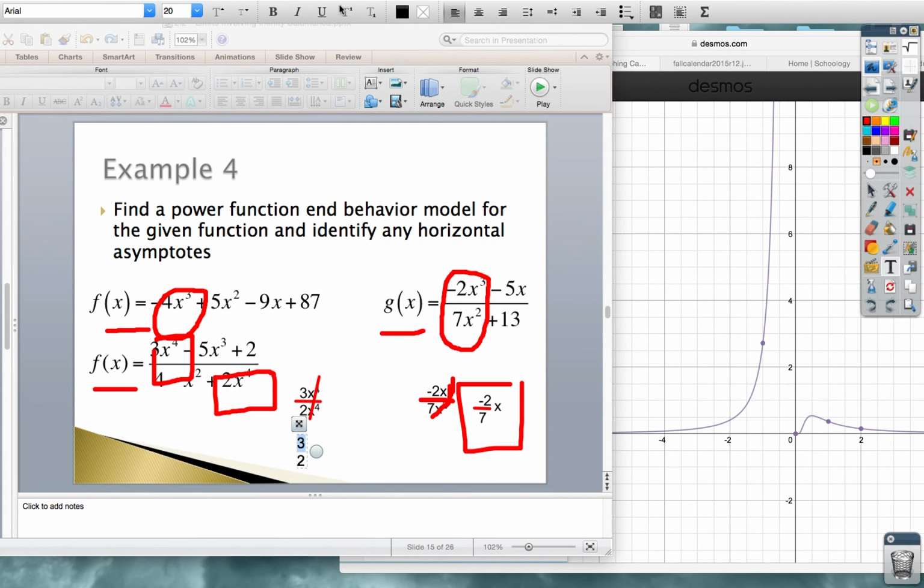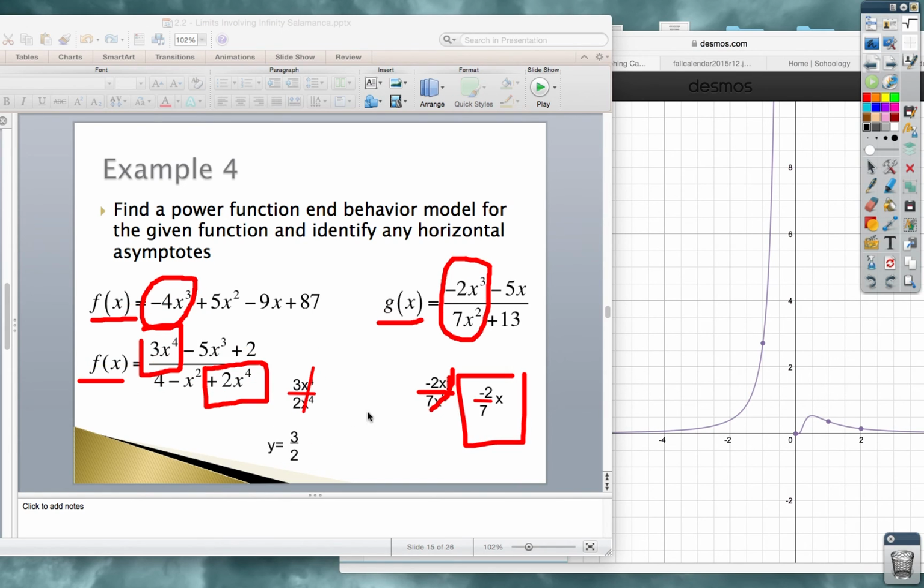Now, in this particular case, we have a horizontal asymptote. The horizontal asymptote is at y equals 3 halves. Just to point this out, this is your horizontal asymptote because there's no x left over.